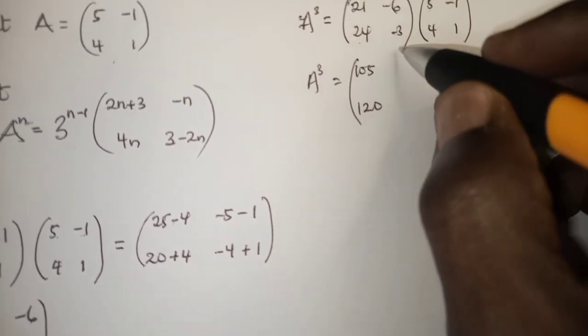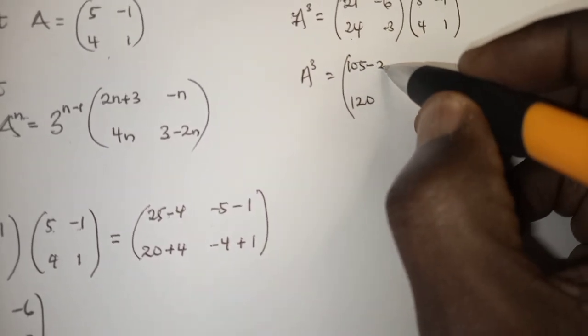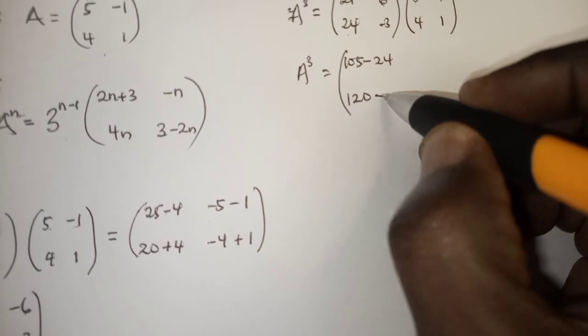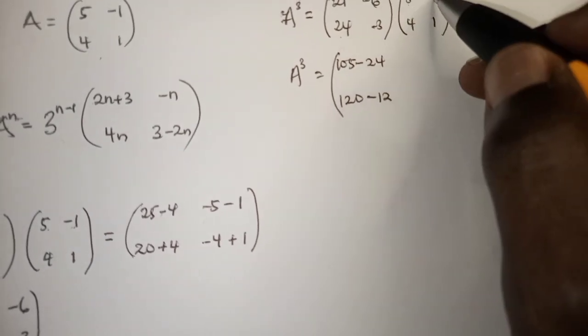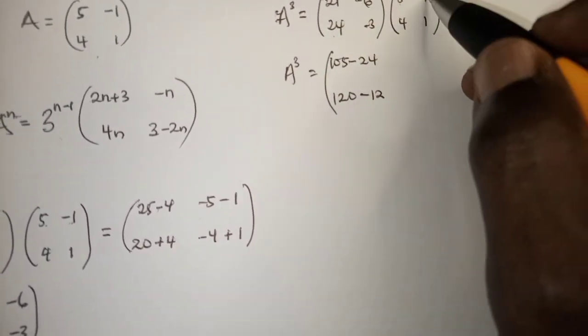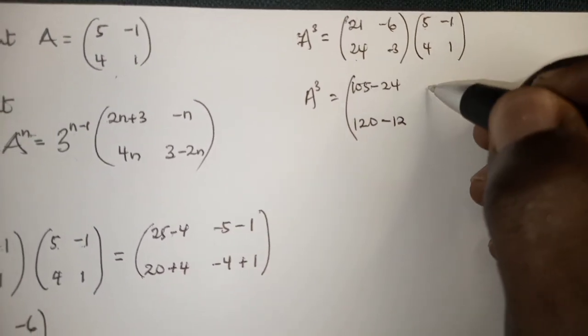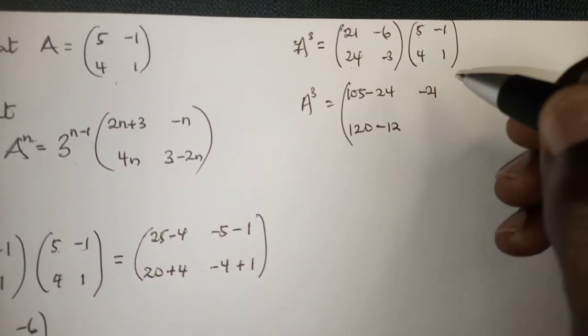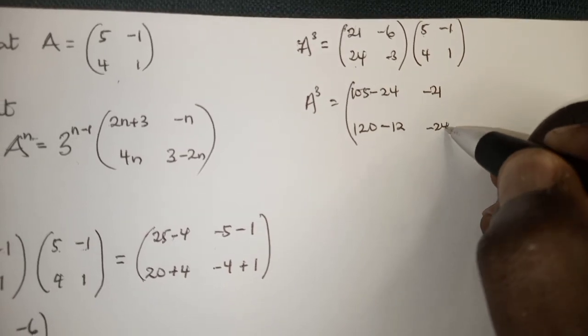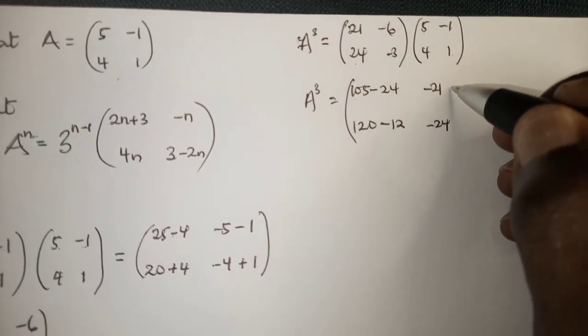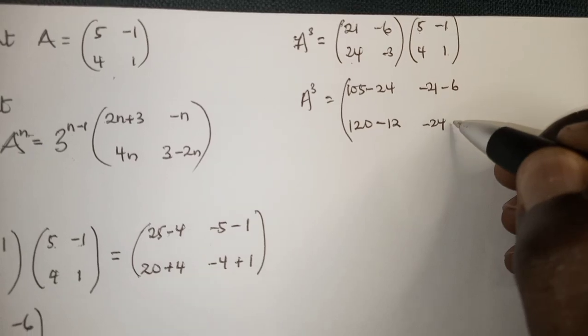Then you pick the 4 and do that, so minus 24, minus 12. Then you use this one to create the other entry: negative 1 times all this. So we have negative 21, negative 24, positive 1, so minus 6, minus 3.